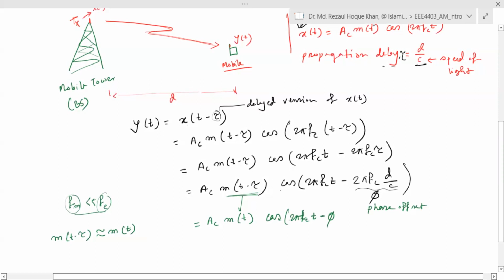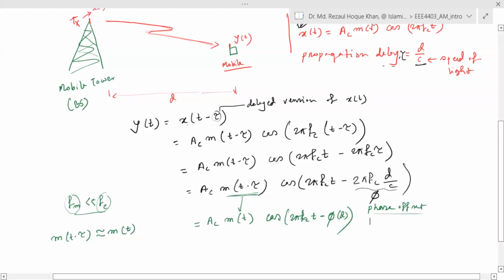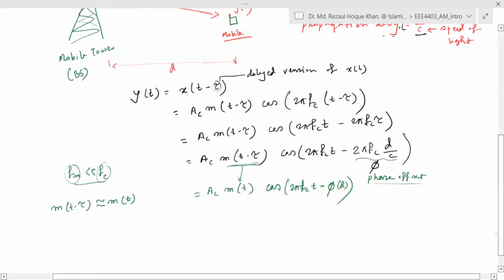phi), which is a function of d, right? So this phi is the phase offset, which is a function of d. Now we know that this phi is nothing but 2 pi fc d by c.